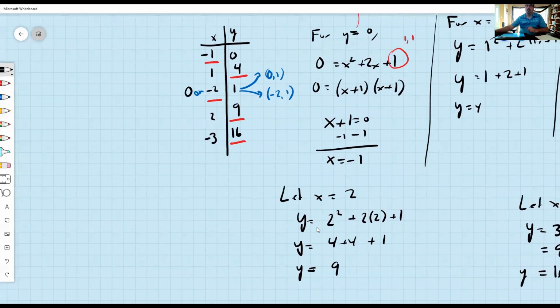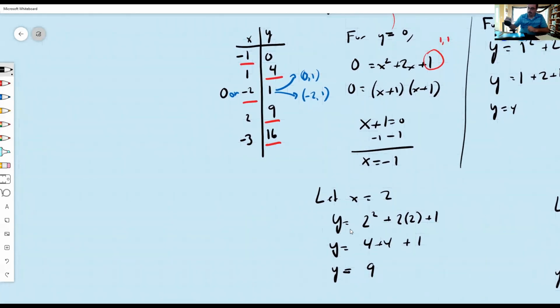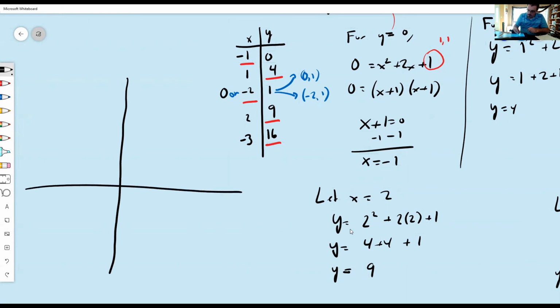Then let's move over here and draw our graph. So 1, 2, 3, 4. 1, 2, 3, 4. And up 1, 2, 3, 4. 1, 2, 3, 4.